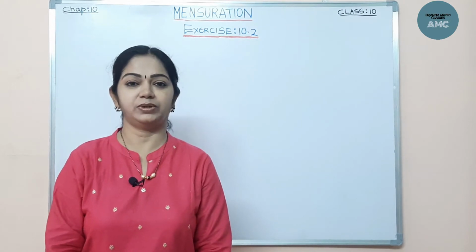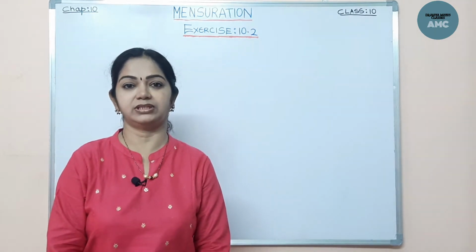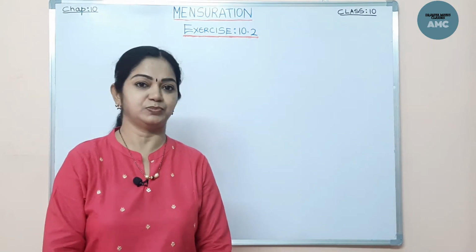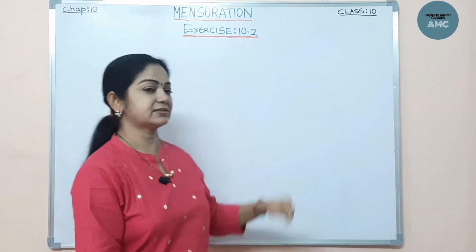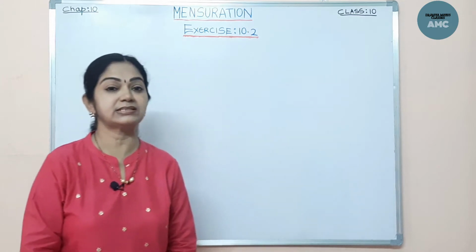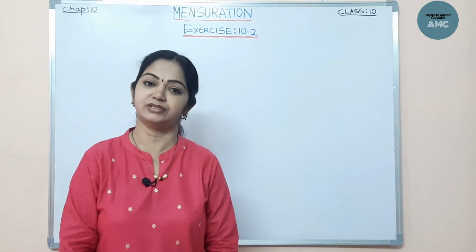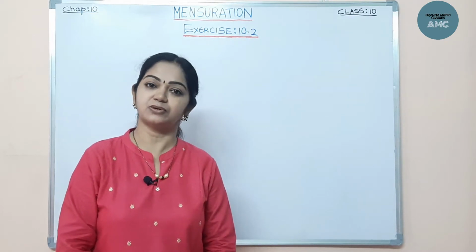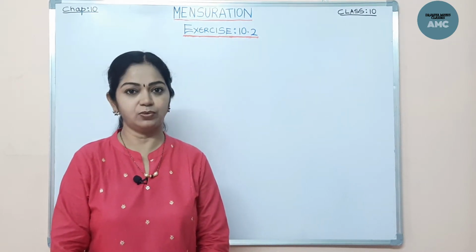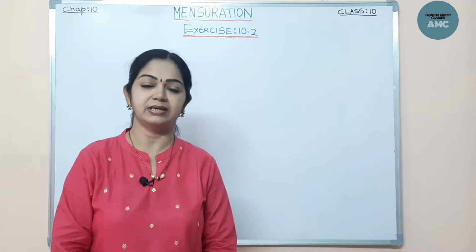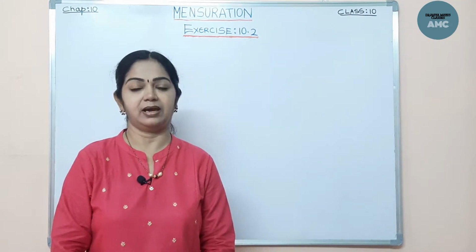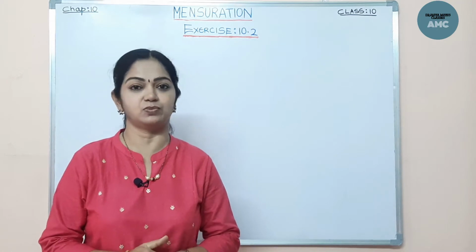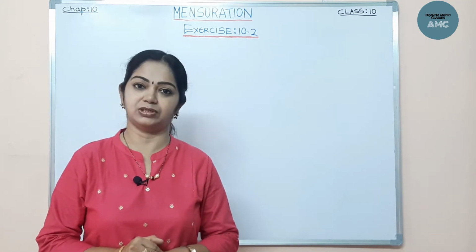In today's video session, we are going to talk about the solutions for the problems in exercise 10.2. This exercise is based on the surface areas of the combination of solids. Although we have done the concepts of the cylinder, the cone, cube, cuboid, sphere and the hemisphere, those who have not watched the previous sessions, please do watch them and proceed to this video.